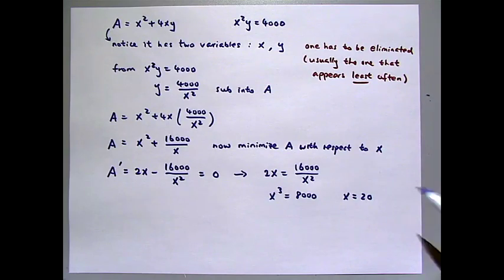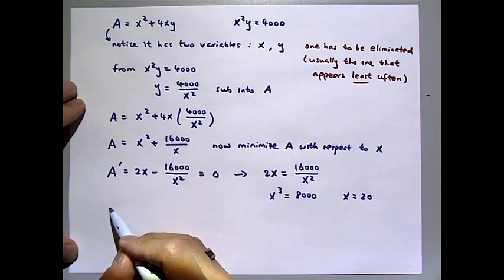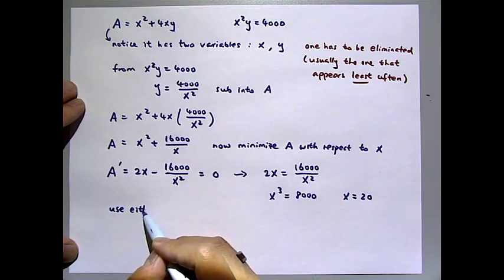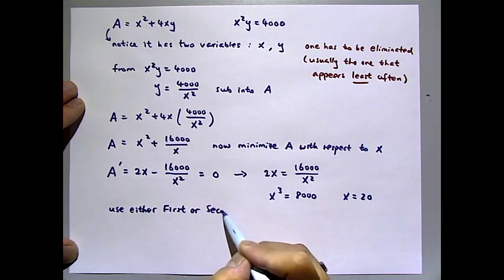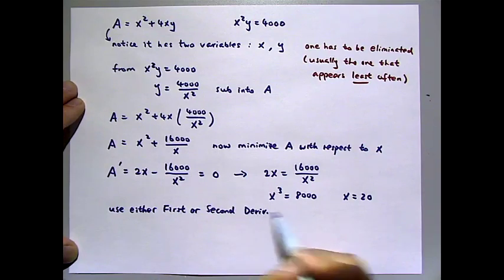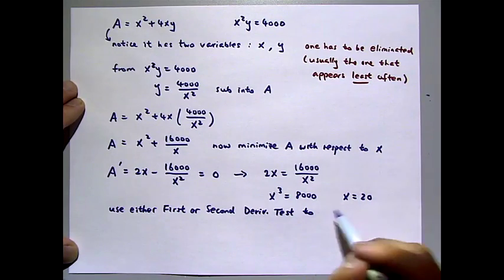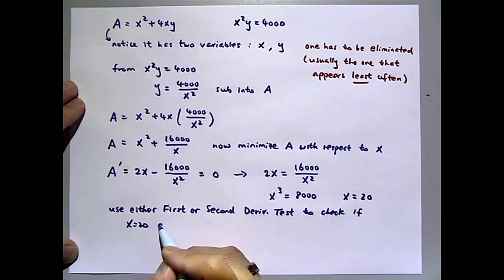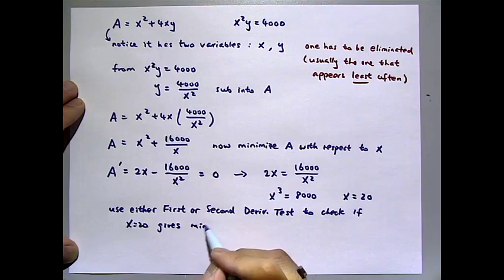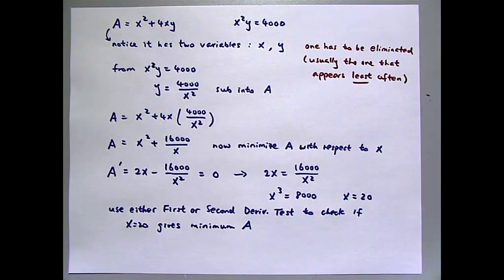We have to check that we do get a minimum A. And at this point, you can use either the first or the second derivative test to check if x equal to 20 gives minimum surface area A. Okay, one or the other, it doesn't matter.